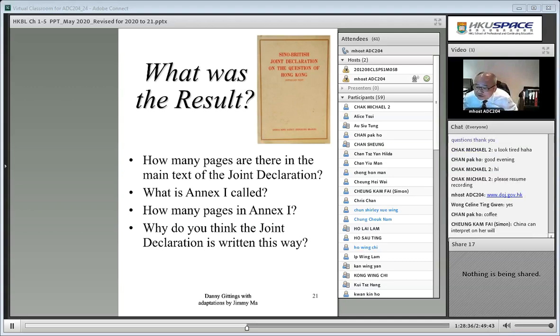China can interpret at her will? That probably doesn't have to do with it. I got nothing. It's not really relevant to the length of it.